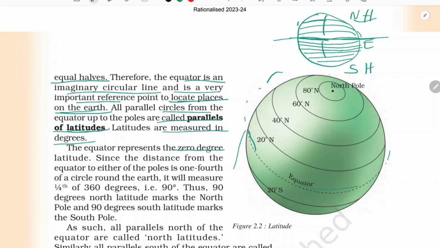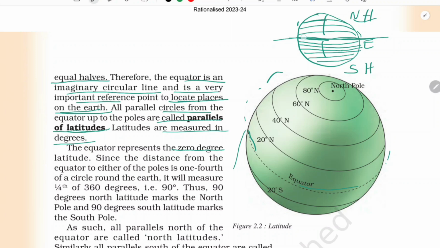All these lines in the landing position are known as parallels of latitude. Through latitudes we come to know the location of a place as well as our seasons. We will learn about that in the season zones. I hope until here it is clear.